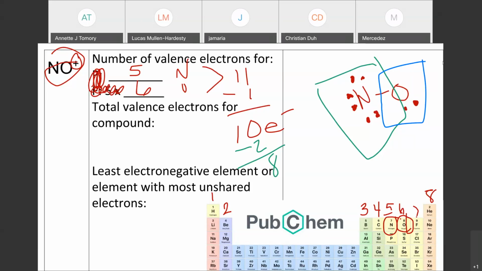All right, so what we end up doing is that this lone pair here ends up getting shared, and this lone pair here ends up getting shared. That's where those 2 extra sets come from.